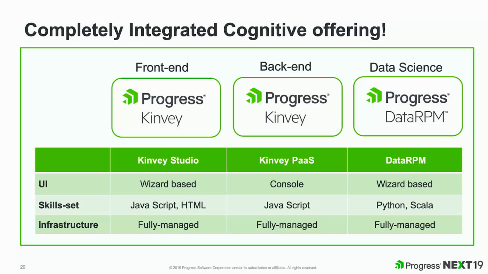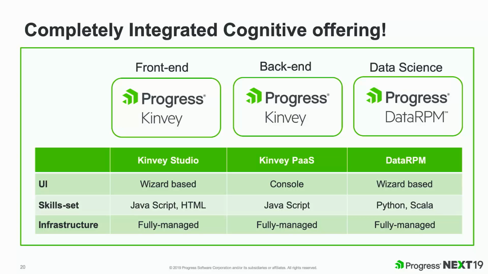So now let us revisit the original problem that data scientists and app developers are not able to collaborate together. With this integrated offering, you can have each resource work on the platform. So it's all the same platform, right?